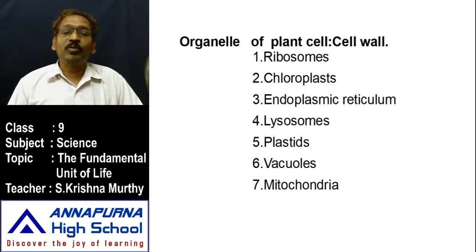Another difference is the chloroplast. In the plant cell, chloroplasts are there, showing a green color. These chloroplasts or plastids are also absent in the animal cell. So this is another difference between the plant cell and animal cell. And vacuole: in the plant cell the vacuole is large, and in the animal cell there is no definite structure to the vacuole.